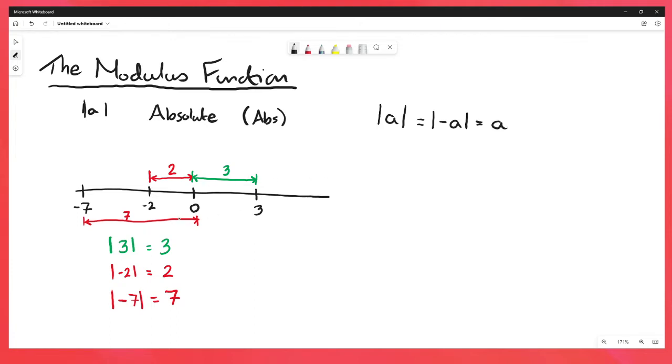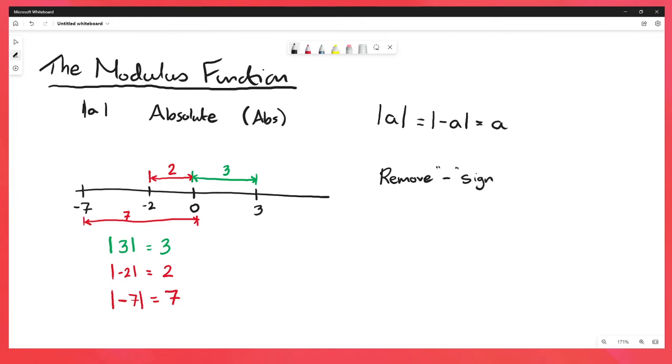We see here that the modulus of 3 was 3, the modulus of minus 2 is 2, and the modulus of minus 7 is 7. Using this relationship, we could also do the same with minus 3, with 2, and with 7, and we get the same answer. So from a numerical point of view, all this does is remove the minus sign. It's a lot more technical than that, but from just a number point of view, that is what's going on.